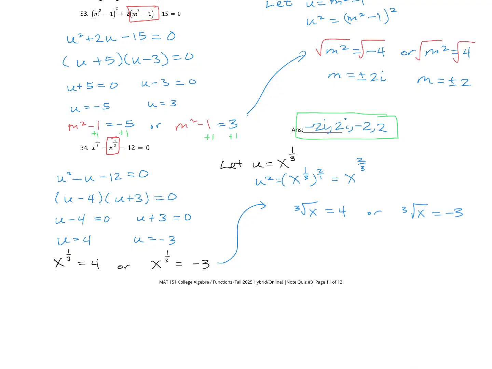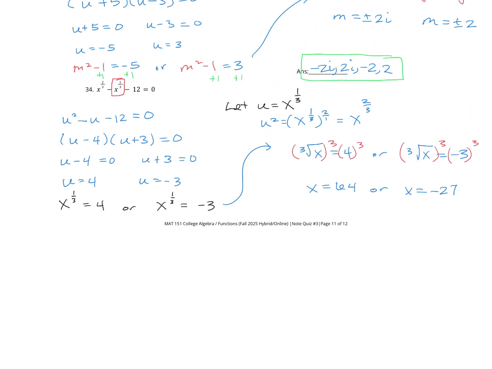Just like before, we can now raise both of these to the 3rd power to get our solutions. For the first one, 4 to the 3rd power is 64. For the other one, negative 3 to the 3rd power is negative 27. So that's my two solutions.